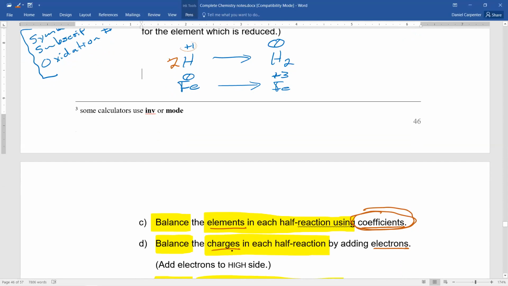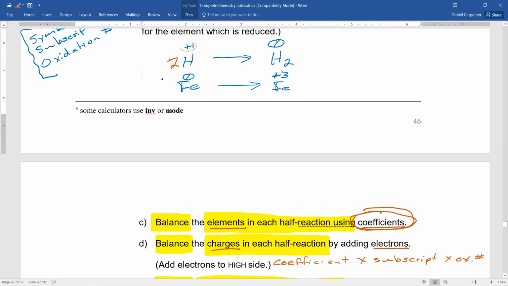Now we balance the charges in the half reactions by adding electrons to the high side. And here's where what I was writing earlier comes in. It is coefficient times subscript times oxidation number.